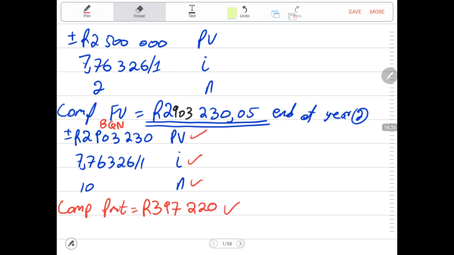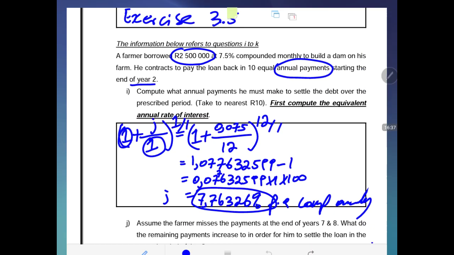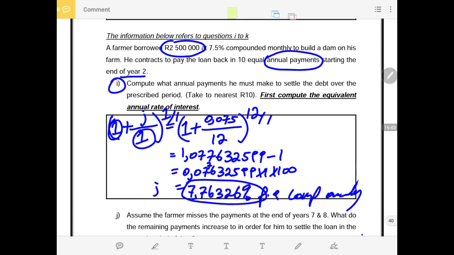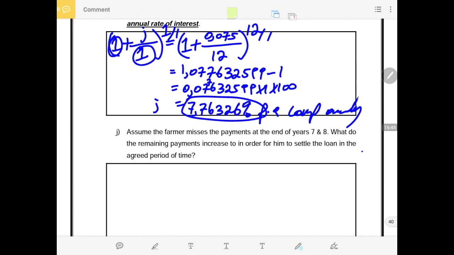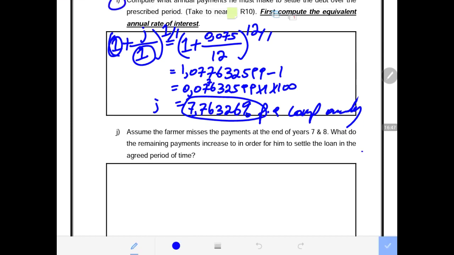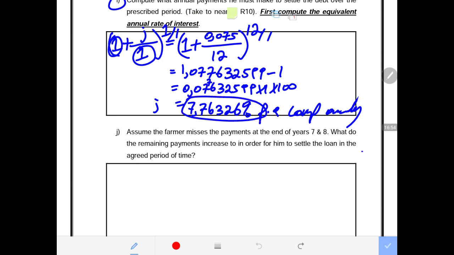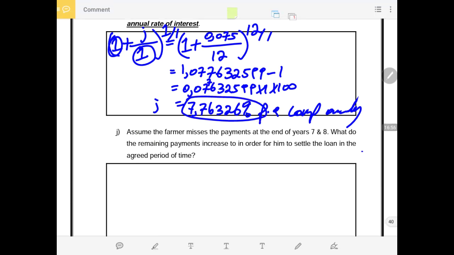So our calculator is not clear. We go and look for the next question, but we have responded to the PMT which was required under number I. Now remember that the annual rate will remain the annual rate. It will not change despite what happens, unless the farmer changes the payment period, which is not normally the case.